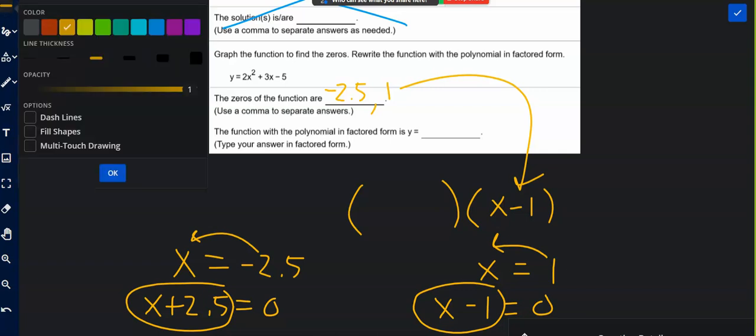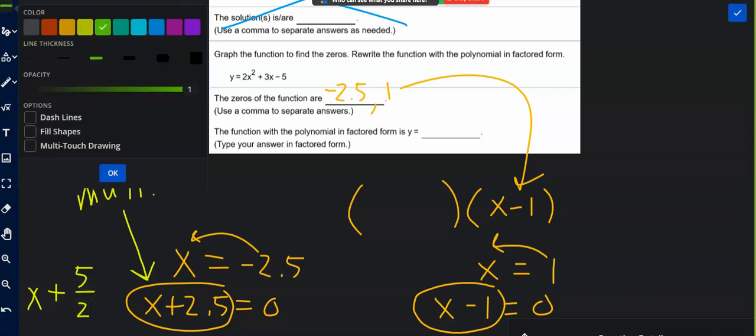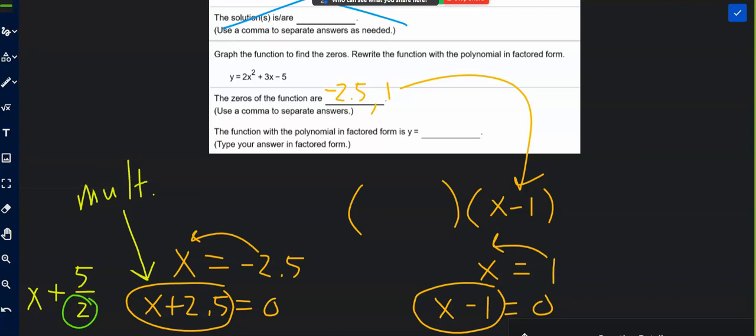So we are going to modify this a little bit. We are going to multiply this. What are we going to multiply it by? Well, another way to say 2.5 is 5 over 2, so x plus 5 over 2. How do we get rid of the denominator? Lots of you don't like denominators.